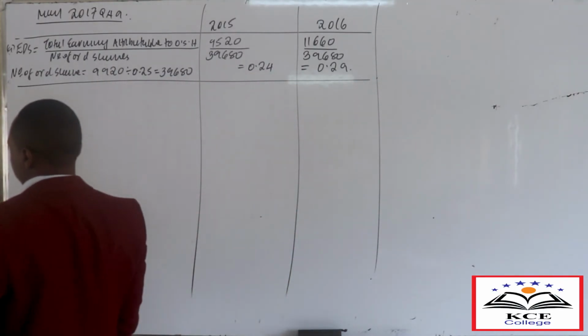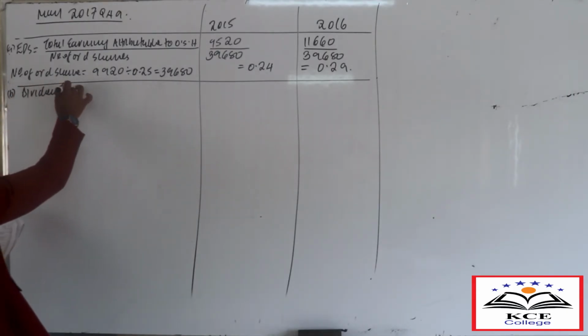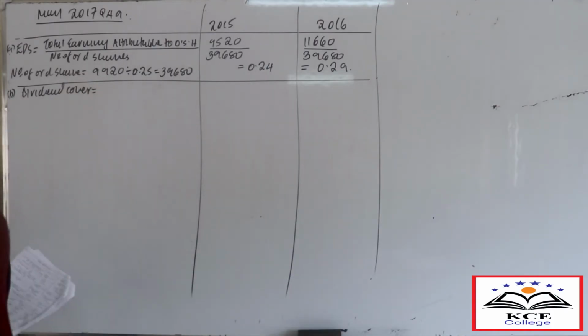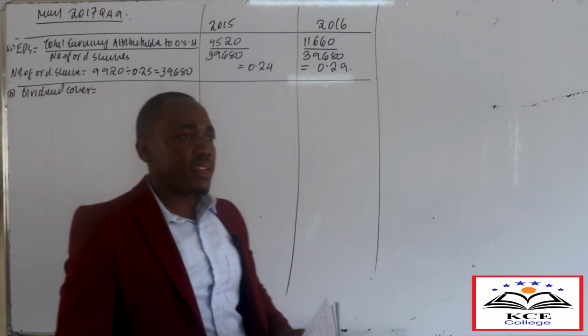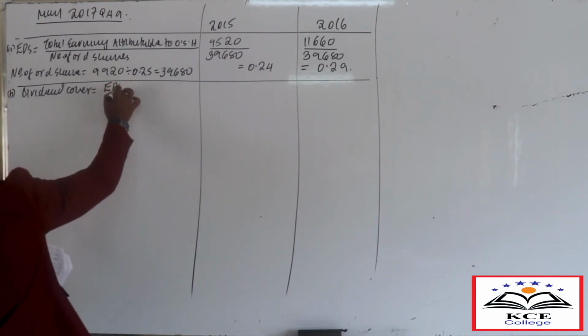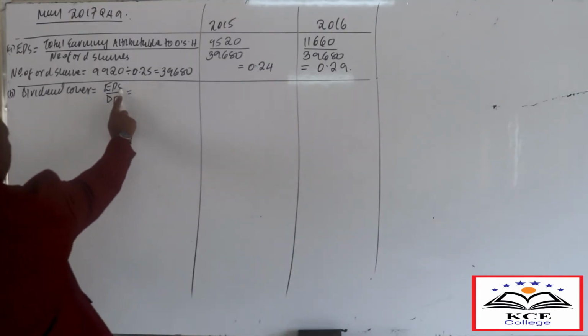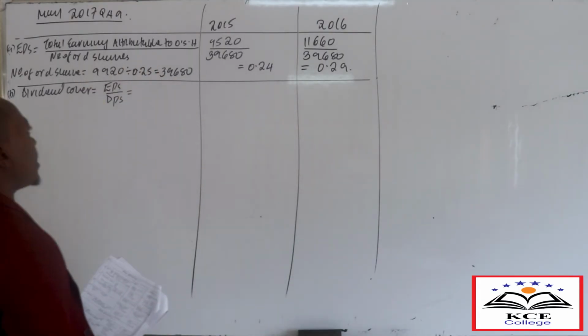That's number 1. Number 2, we are to determine the dividend cover. We say that the dividend cover shows the number of times which the dividends are paid out of the earnings. So therefore, you take the earnings per share and divide by the dividend per share. We already have the earnings per share, that's what we computed in number 1.